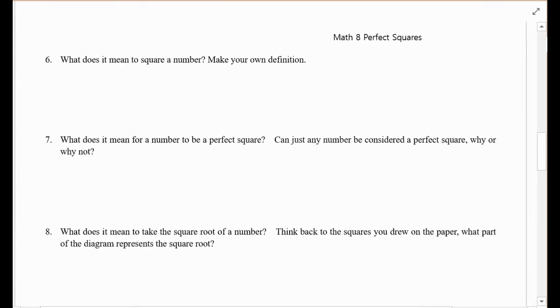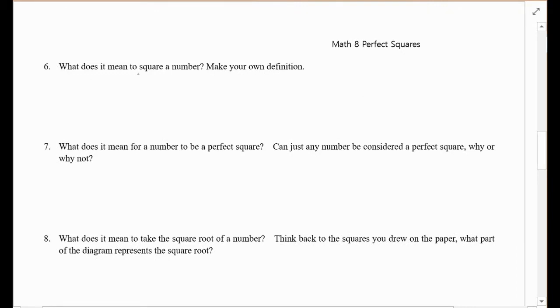Okay, then everyone, what does it mean to square a number? Make your own definition. If you square a number, you will be able to find a perfect square number. For example, when you square a number, 1 squared means you repeat multiplying 1 twice. Then 1 is a perfect square.